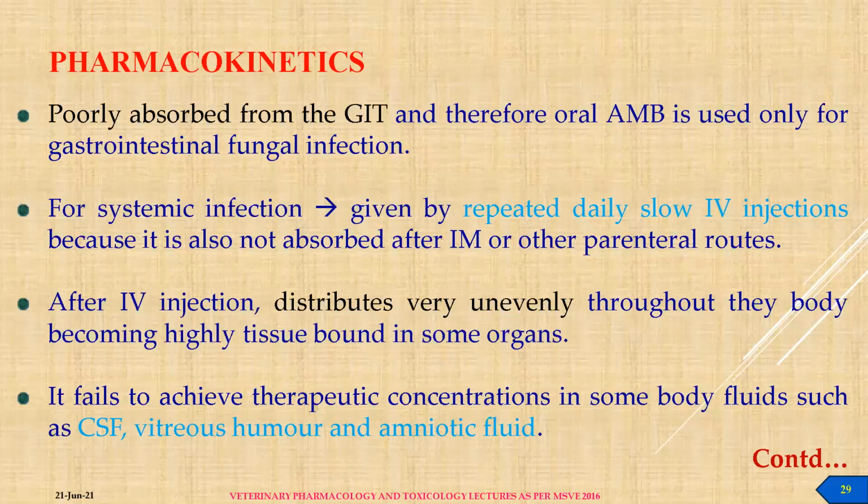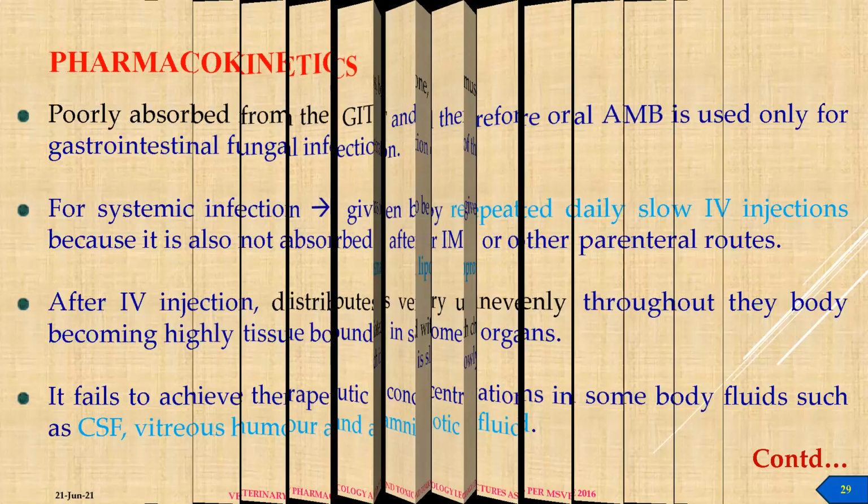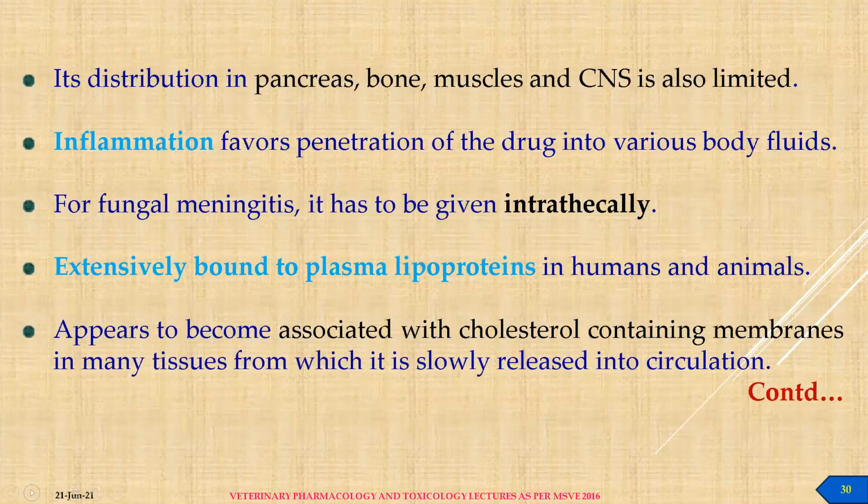These are the areas where it cannot reach because of different barriers. Distribution in the pancreas, bone, muscles, and CNS is somewhat limited because it does not pass different barriers. And inflammation influences penetration of the drug into the various body fluids.